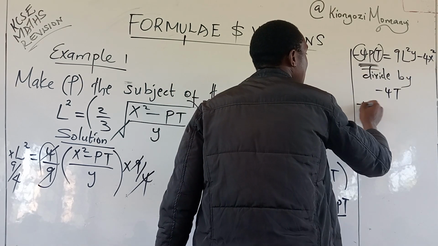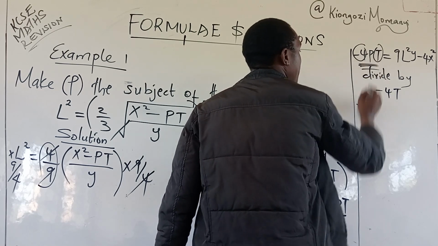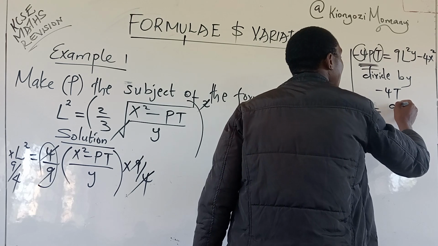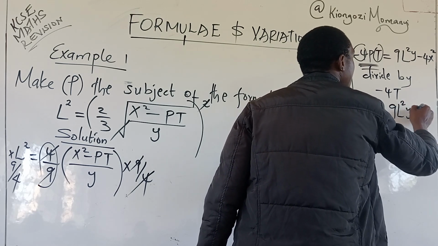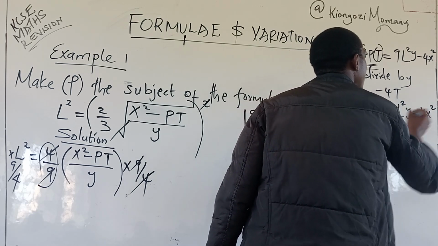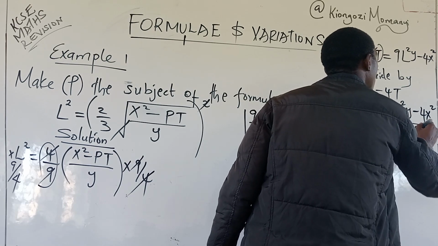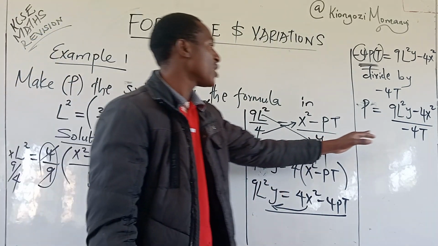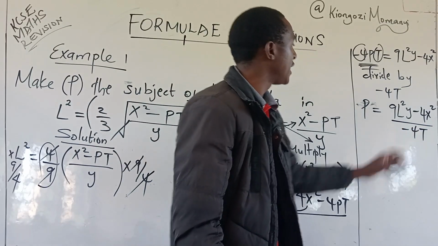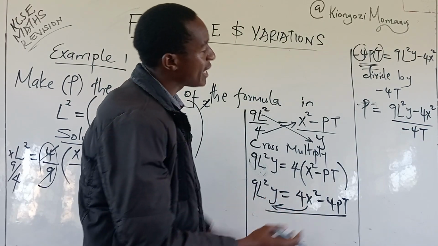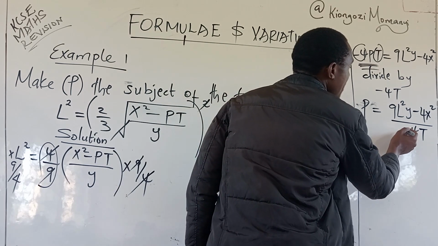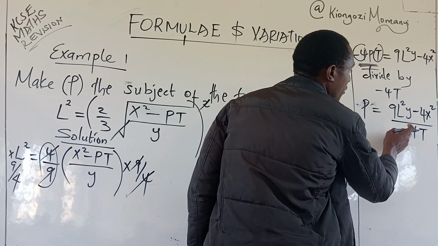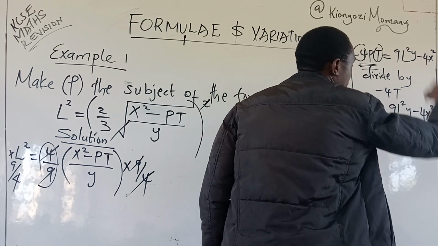So when we do that, we shall have p remaining here is equal to 9L squared y minus 4x squared over negative 4t. We are not yet done, because there's something we have to do so that we convert this one into a value that we simplify it a little. When we divide by a negative here, and we want to eliminate this negative from here, we simplify numerator, denominator.